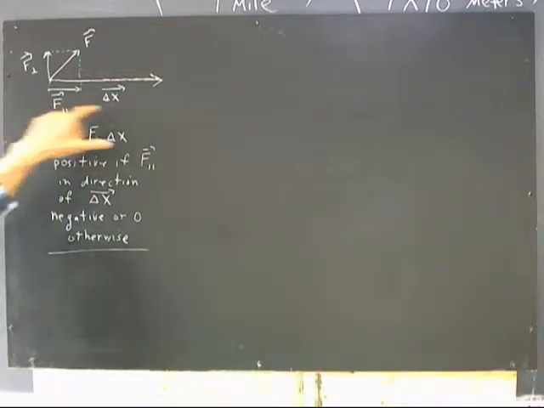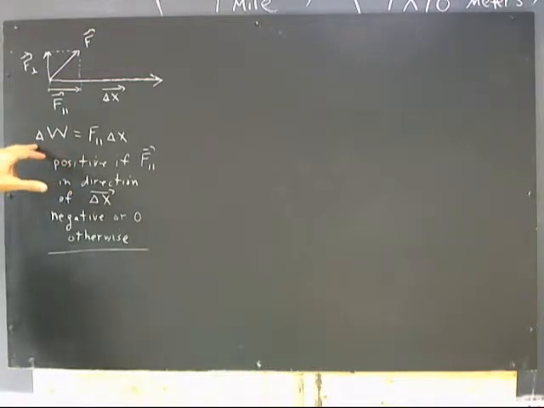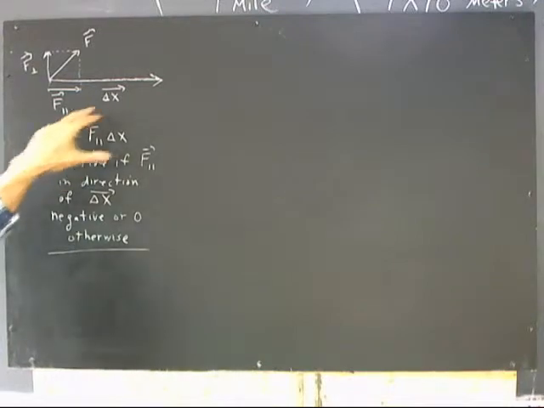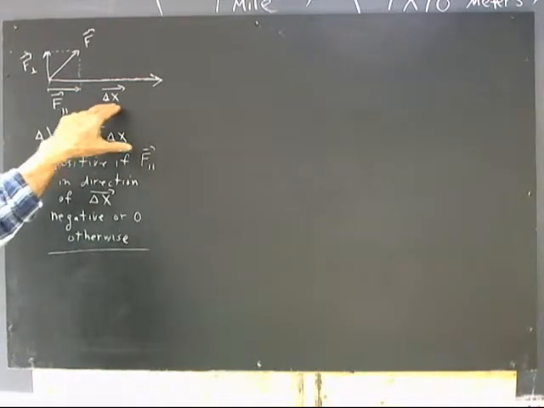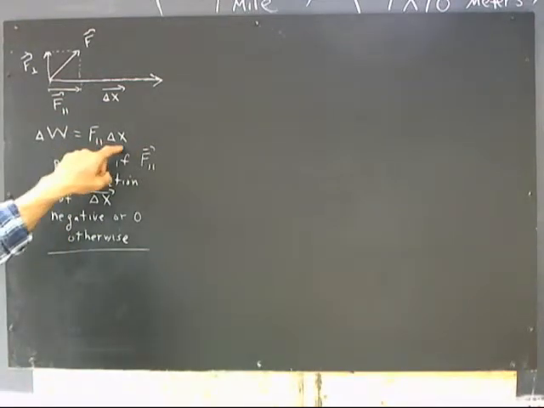The parallel component contributes to the work. So I'm going to say the work done, and I'm going to call that delta W, as the car displaces through displacement delta x, is going to be F parallel times delta x.